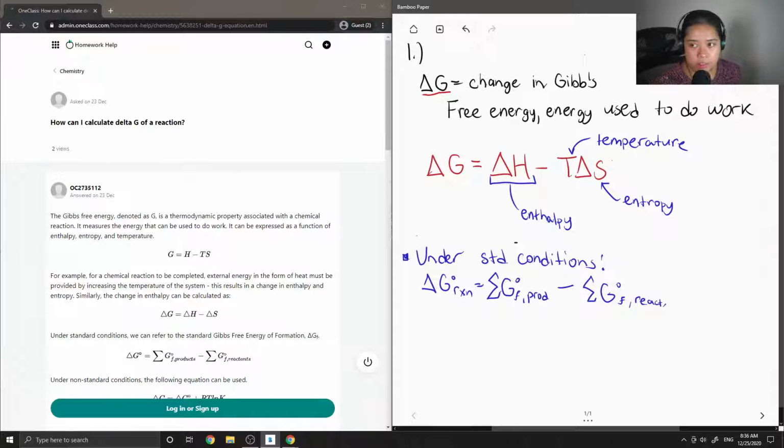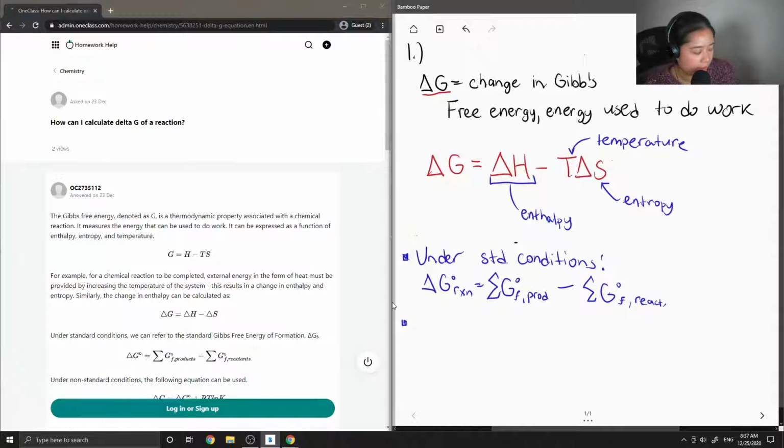Under standard conditions, some common compounds have their Gibbs free energy values in a table. When the symbol has that superscript of a circle, that's how you know that it is under standard conditions.